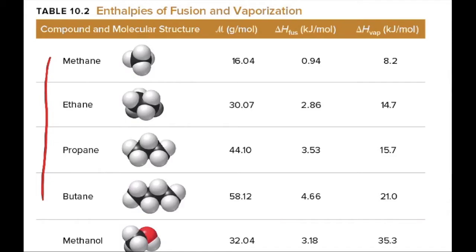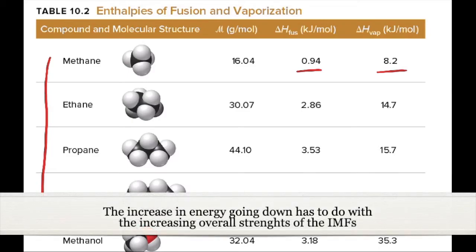So when we have a solid turning into a liquid, we have a specific amount of energy that is required to do that per mole of substance. And if you look at the delta H of vaporization, for the same 1 mole of substance, notice that it is quite a bit greater than the delta H of fusion. So melting a solid doesn't take as much energy as turning a liquid into a gas. And you can see that with all of these examples of nonpolar substances.